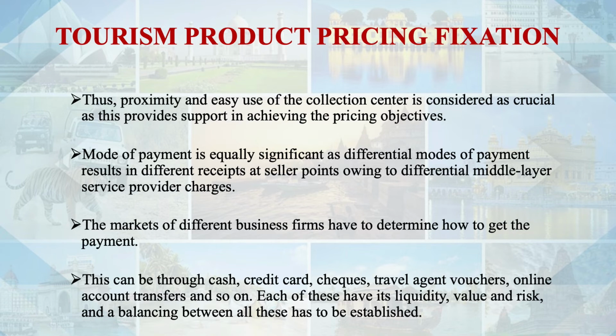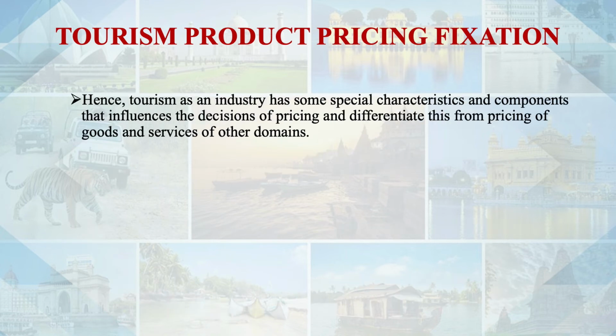Each of these has its liquidity, value and risk, and a balance between all these has to be established properly. Hence, we can say that tourism as an industry has some special characteristics and components that influence the decision of pricing and differentiate this from pricing of other goods and services in other domains.